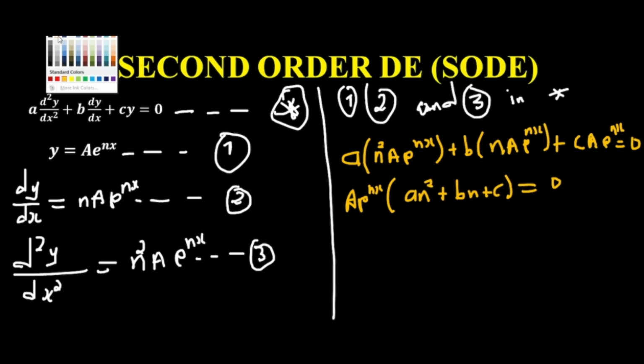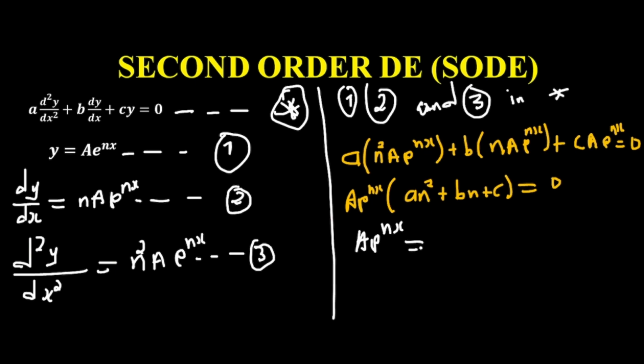So directly we have that either a e to the power nx is equal to 0, or a n squared plus b n plus c is equal to 0. So when we look at this, we see that this is not possible because no matter the value of n or x, this function will never be equal to 0.